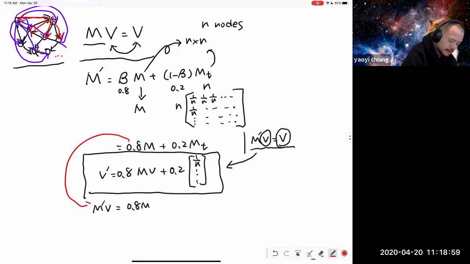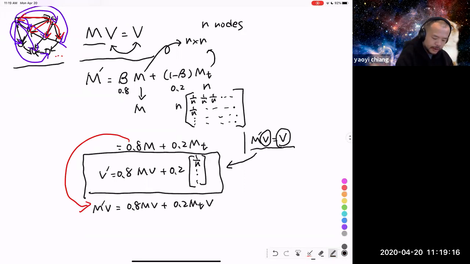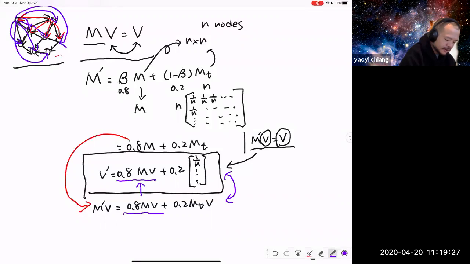We're looking at this V, right, plus 0.2 MT times V. Okay, so if you compare these two, can you start to see similarity? First, this one is exactly this one, right? How about these two? You do have 0.2 and 0.2.